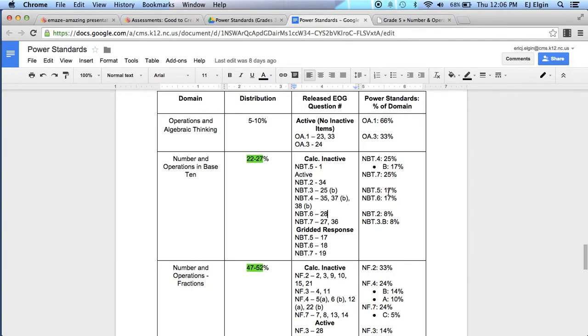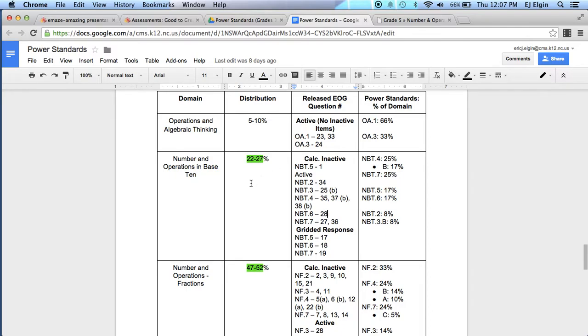It's going to be even better for them to additionally master NBT 4 and 7. I want you to keep that in the back of your mind for the future teaching and assessment that comes up on standards 4 and 7, that your students need to do even better and additionally master these in order to get most of NBT correct. Excellent. Does that make sense to you?